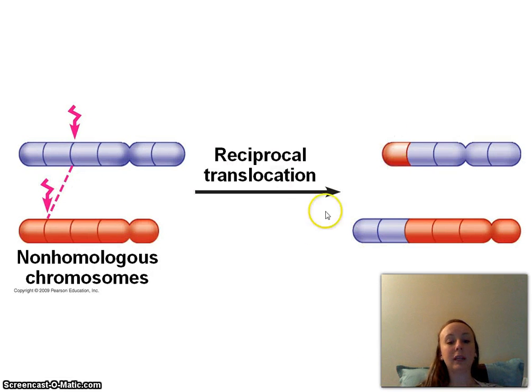Then reciprocal translocation, which is the hardest, I feel, to understand. These non-homologous chromosomes, notice how they're different in length, so that's the key thing to let you know they're not homologous. These will exchange DNA, and then look here at the result. You have two chromosomes that have exchanged genetic information.